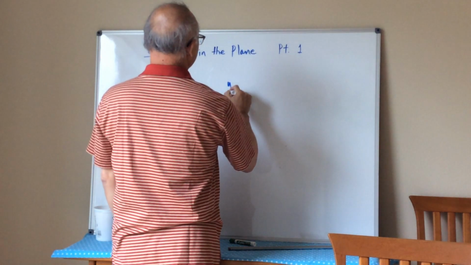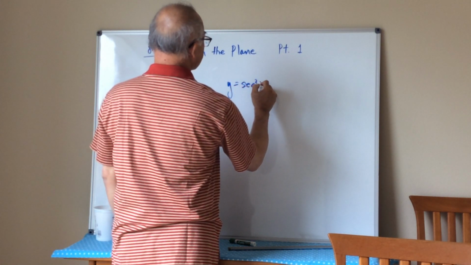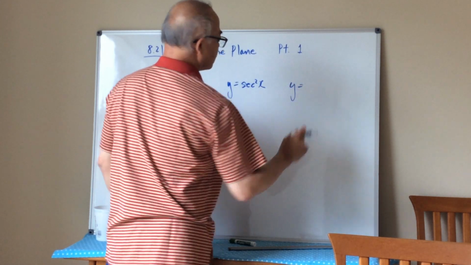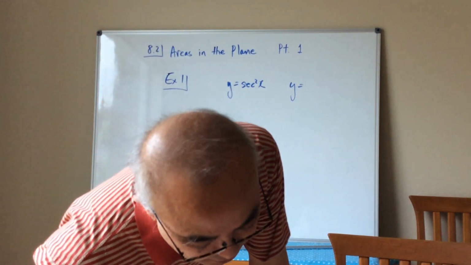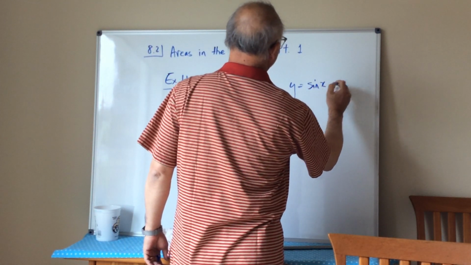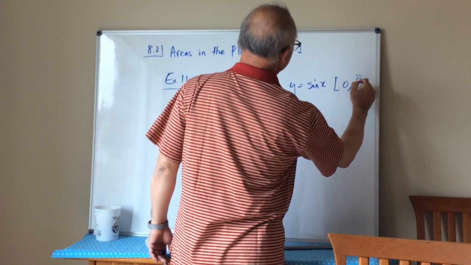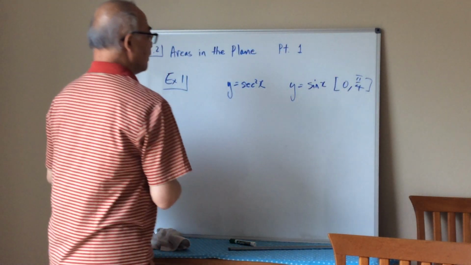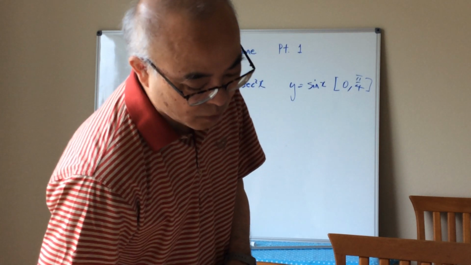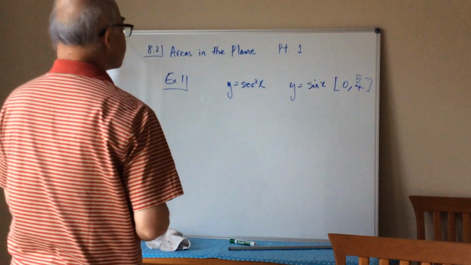We have y equals secant squared x, and y equals sine x, going from 0 to pi over 4. If you graph it, you can see that secant squared x is always greater than sine of x.